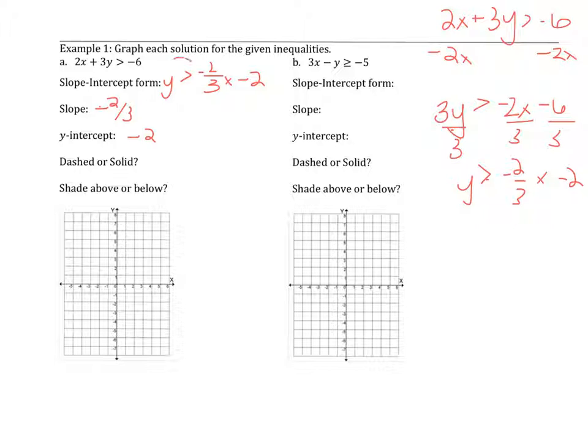Look at the symbol. Notice how there's no equal sign. It's just greater than. That means it's going to be a dashed line. How do we know if we're going to shade above or below? I want you to take a look at the symbol. Now hold up both of your hands in front of you.